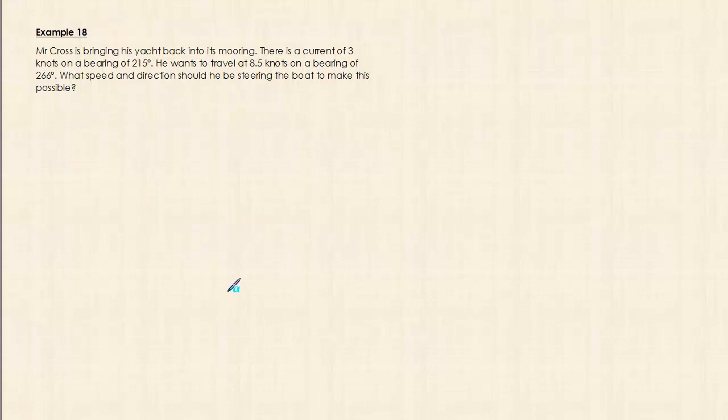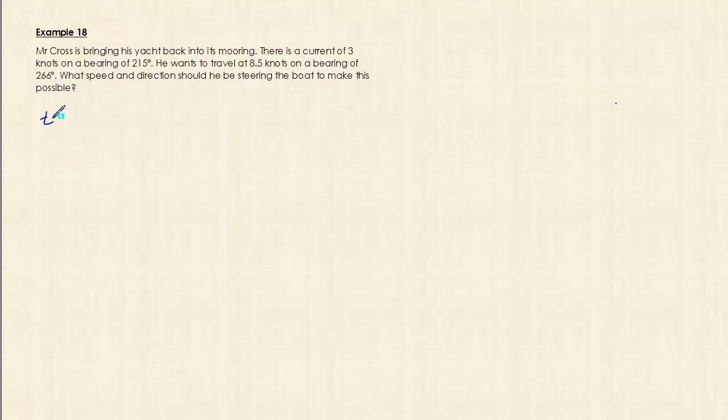If you try to do this by drawing a diagram and using the sine and cosine rules, you'll find it's very difficult to find any of the angles. What you'll end up with is some equations that you'll need to solve at this stage of your maths on your CAS. But it's quite easy to do this using components, so that's the way we're going to do it.